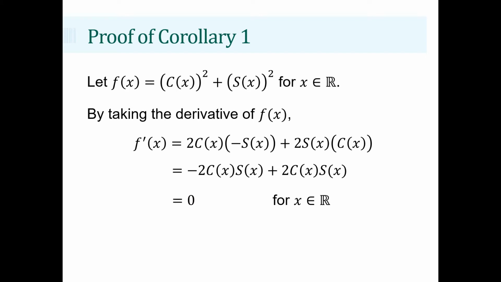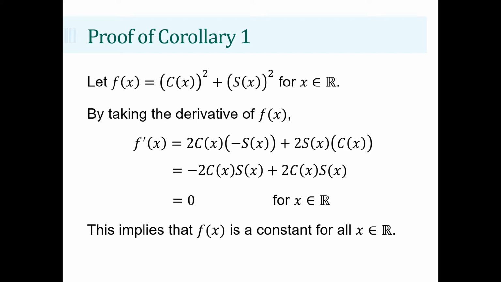So, what does this tell us? Kasi yung derivative natin is 0. And we know that kapag yung isang function, ang derivative niya ay 0, this means that the function is a constant. So this implies that f of x is actually a constant for all x element of the set of real numbers.